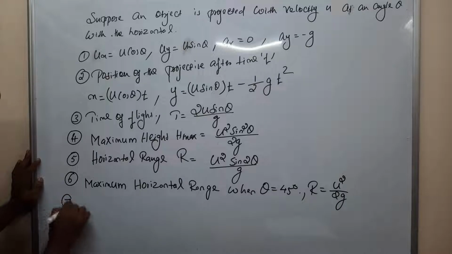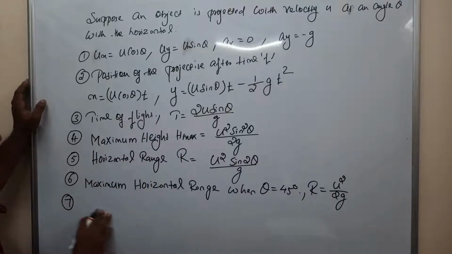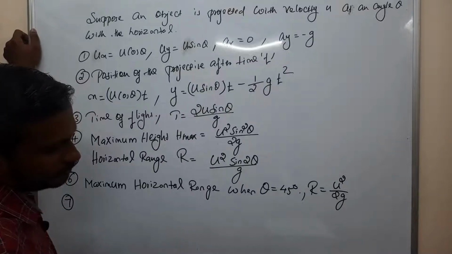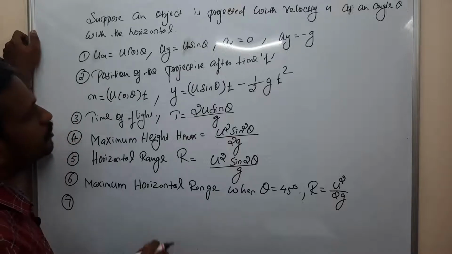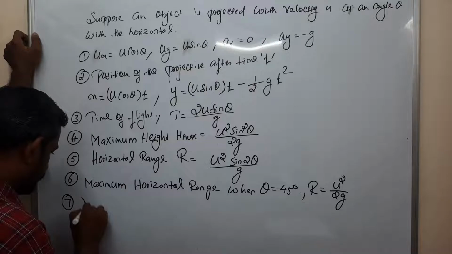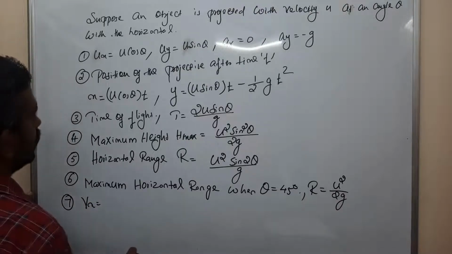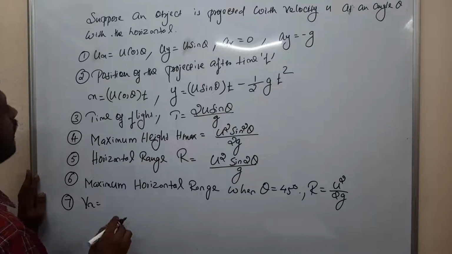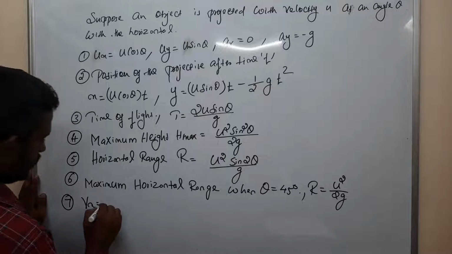Seventh one: velocity of the projectile after time t. In the x direction, Vx equals u cos theta.